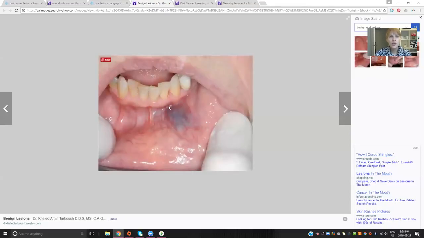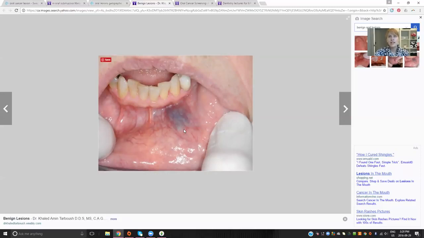Now, this is normal too, but remember how I said earlier to sort of look at a cancerous type of lesion, look for anything like blue, purple, red, white. This is like a bluish purple, but this could be normal. So this is typically called a hematoma.